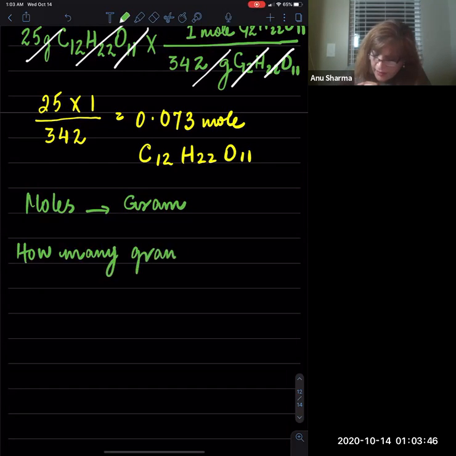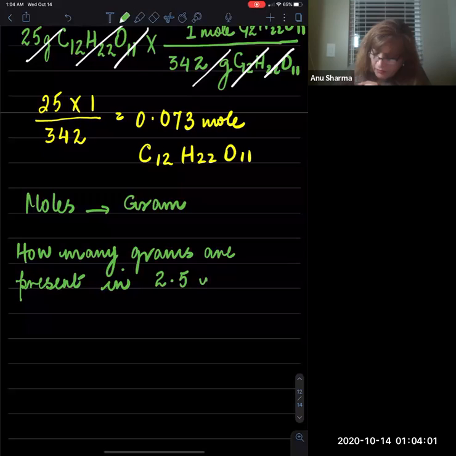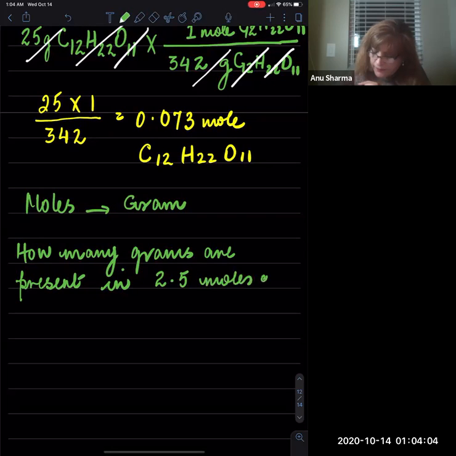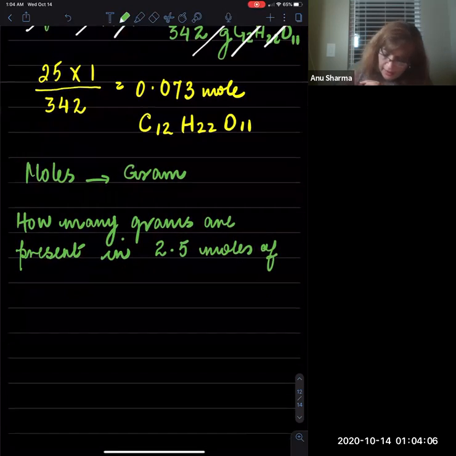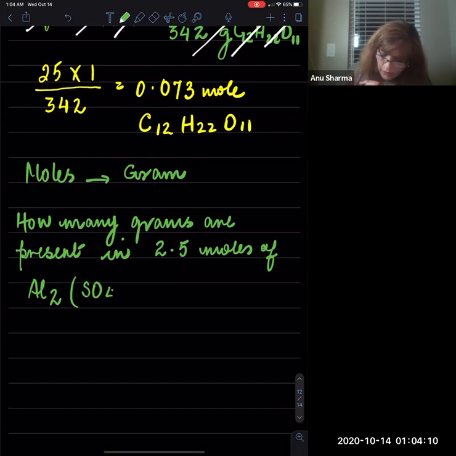grams are present in 2.5 moles of Al2SO4 whole thrice.